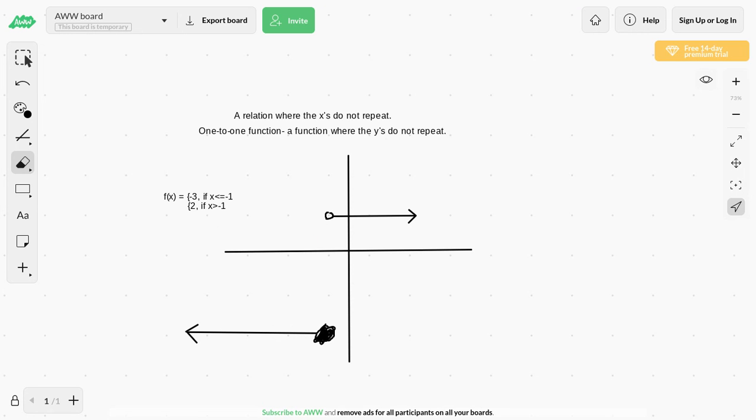So, yeah, there's that. So let's try a harder one. So get rid of all of that and change up the text.